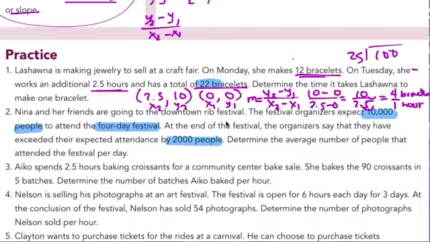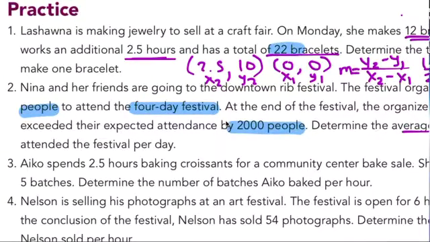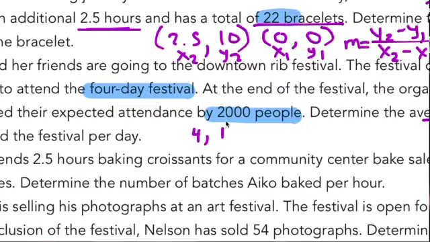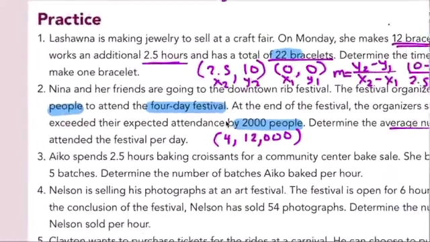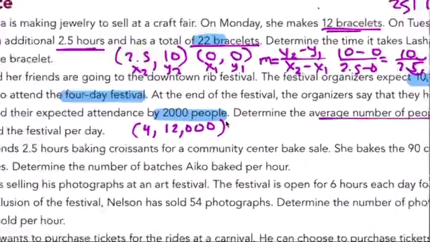So for 4 days, they expected 10,000, so they got 12,000 people. Determine the average number of people who attend per day.